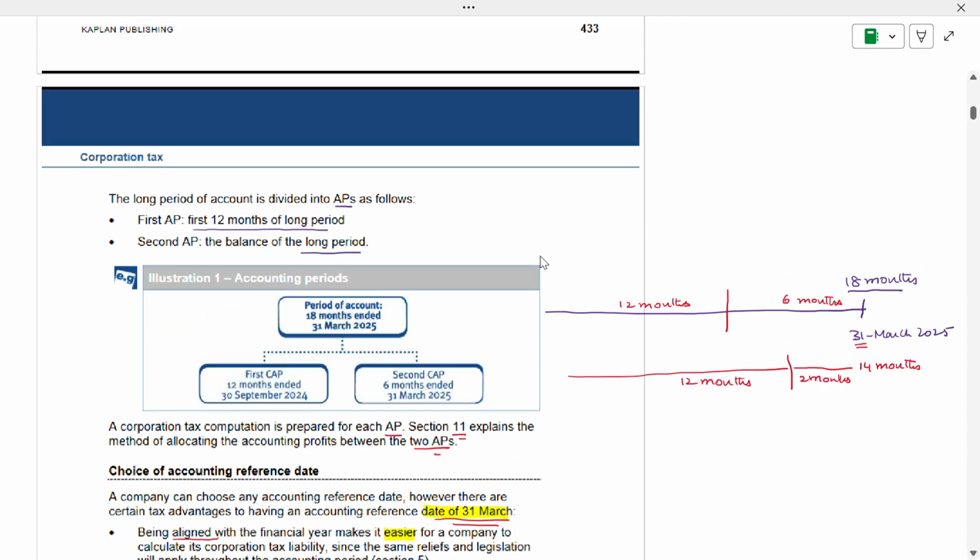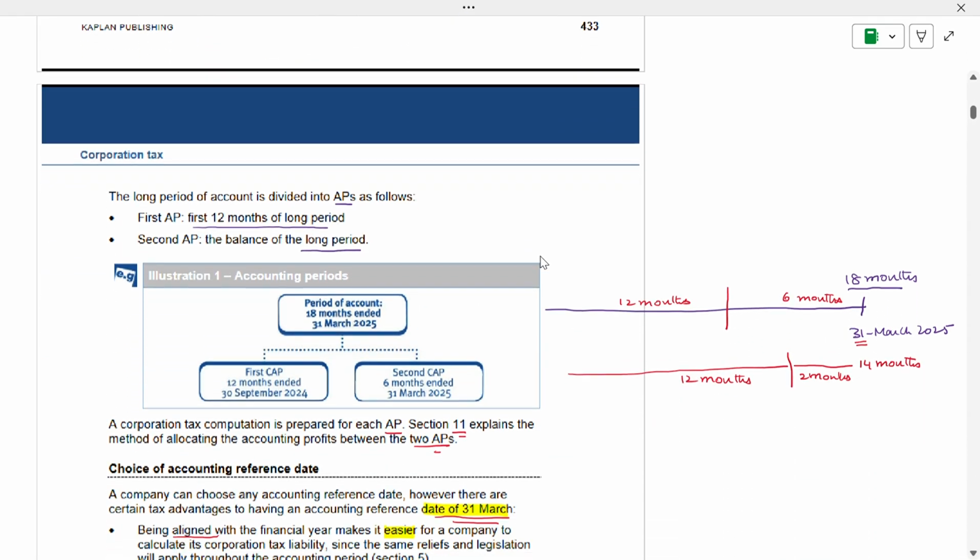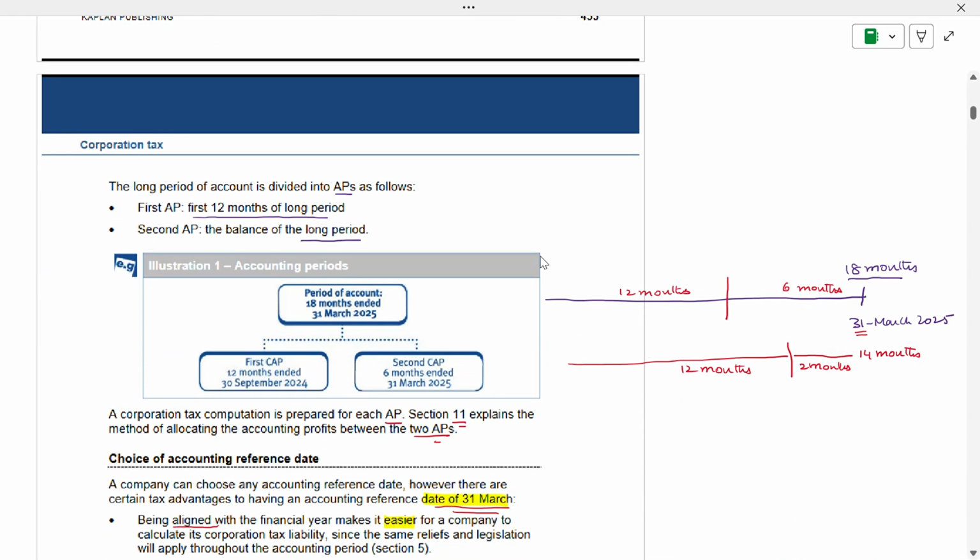So the previous illustration, sir, they said the period ended at 31st March 2025. If you go back 6 months, it is going to be October, right? But I didn't understand why they have taken the first period as 30th September and then the 6 months as 31st March. 12 months, Nadia.